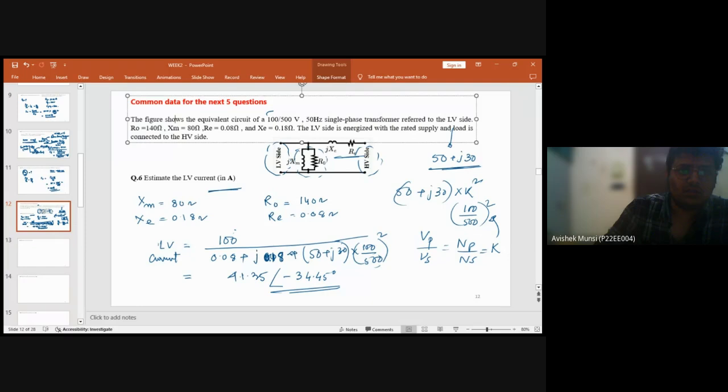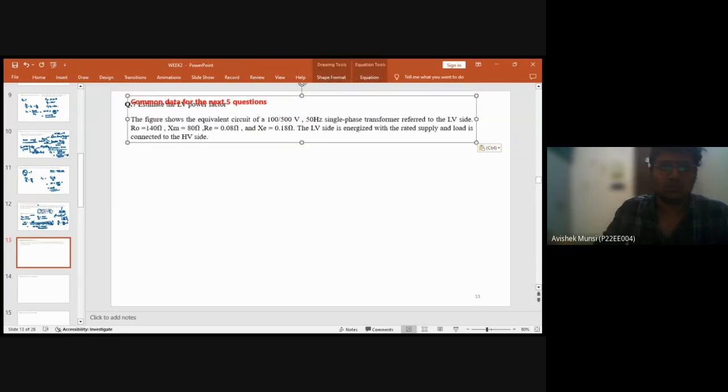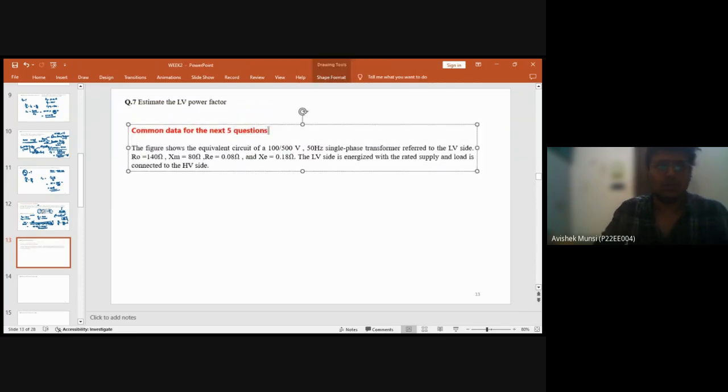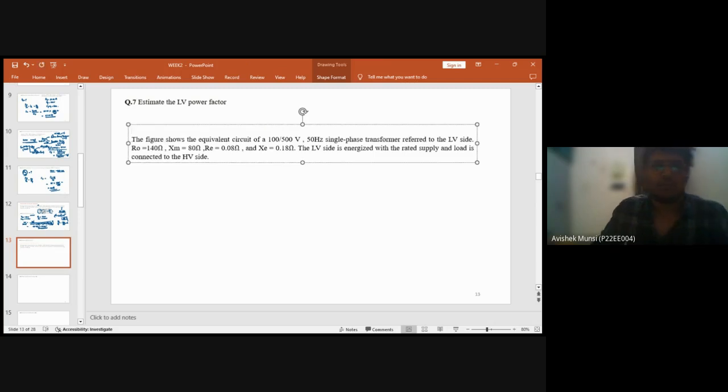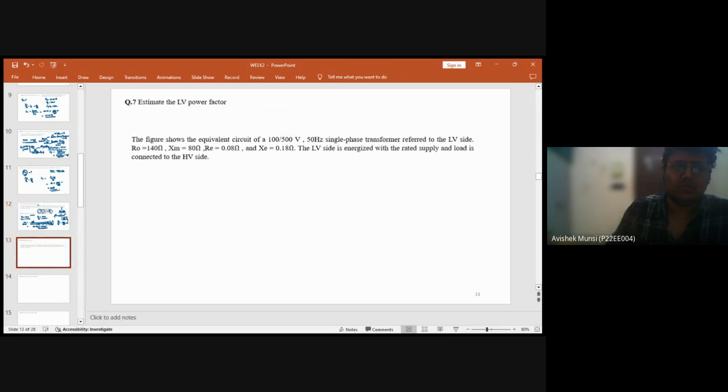If it is correct, then with the same data, we have to solve another question. What will be the LV side power factor? We calculated the angle as minus 34.45 degrees.